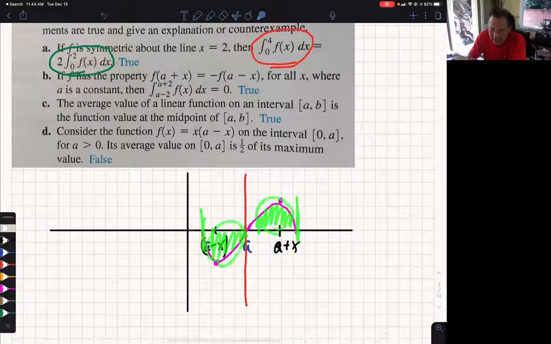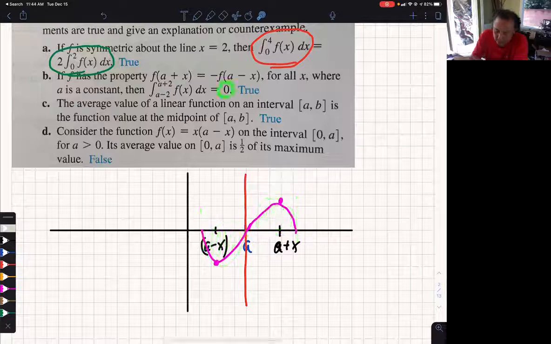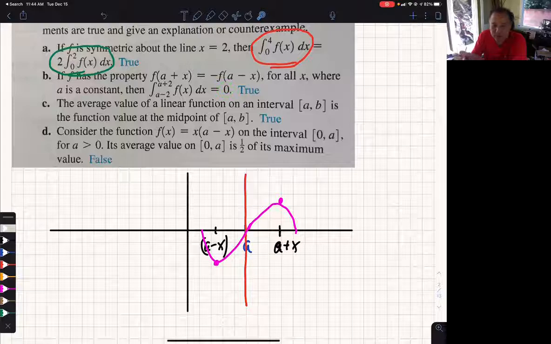Because that's going to cancel that out. So therefore it's true that that integral is going to be 0. That's crazy. If you didn't get that, understandable, because there's a lot of abstract things going on in part B. That's kind of a tough one to grasp and get your head around.